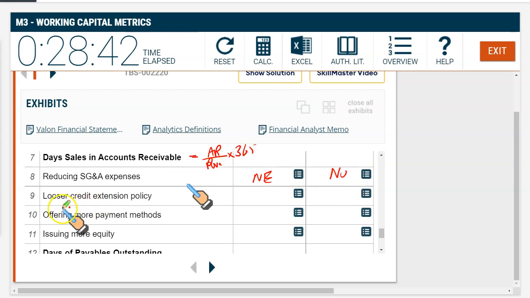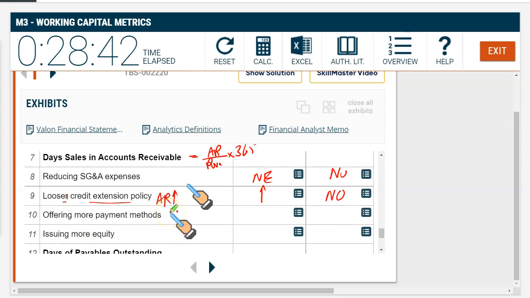Then loosening the credit extension policy. When you loosen the credit policy, it means you take longer to collect from your customers, so your AR goes up. When your average receivable balance goes up, the ratio would increase, and when it increases, the working capital cycle will not shorten, rather it will become longer. Offering more payment methods.